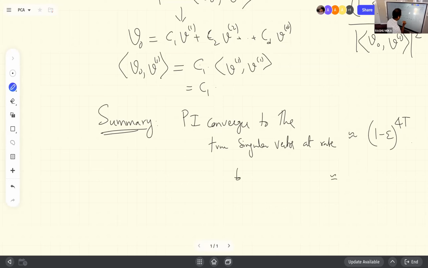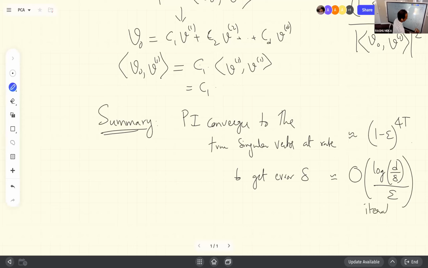So to get error delta, we need roughly that many iterations. Everything that we did also works, you just have to stretch the proofs a little bit, to get the more general statement I mentioned at the beginning, when there is no gap between the first and second singular vector, but there's a gap further down the line.